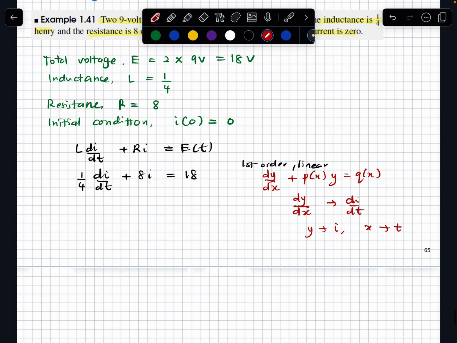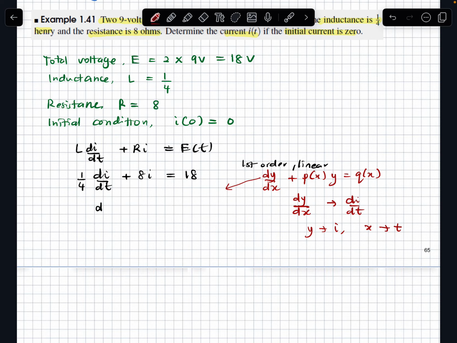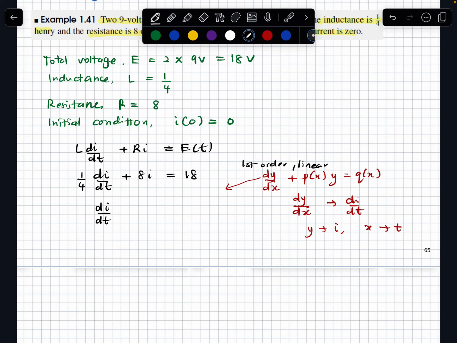We want to write the format in terms of I and t: di/dt plus p(t)I equals q(t). Now this is the format of the first order linear.